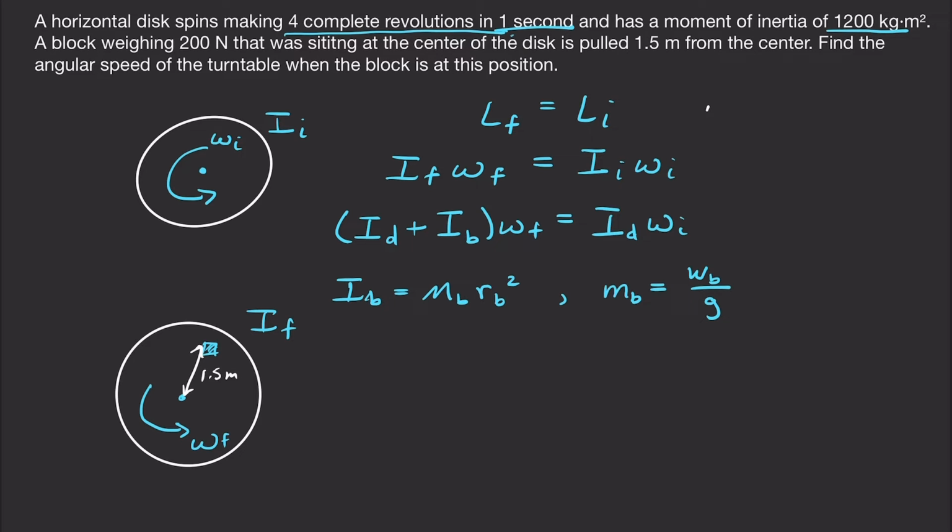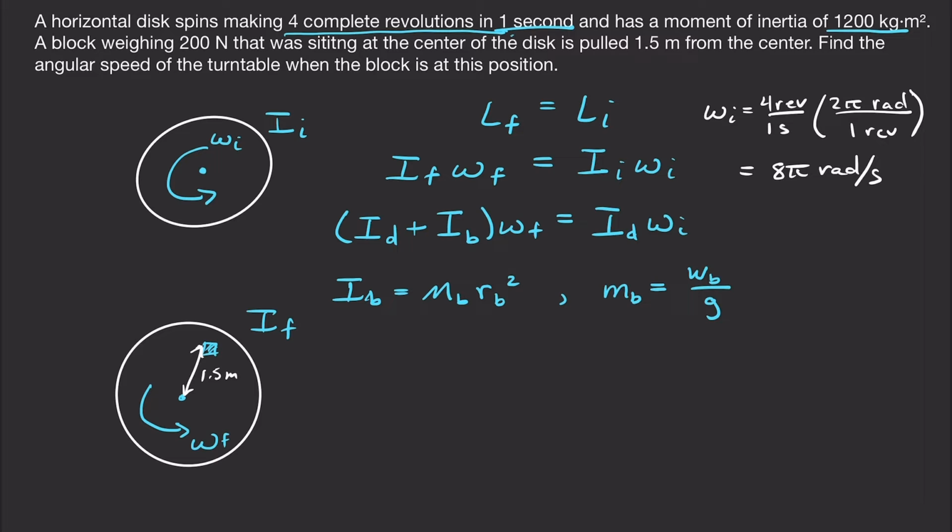So omega I was 4 revolutions per 1 second. That needs to be converted to radians, so multiply by 2 pi radians per 1 revolution. And just leave the pi, so 8 pi radians per second. And now we're about ready to plug in.